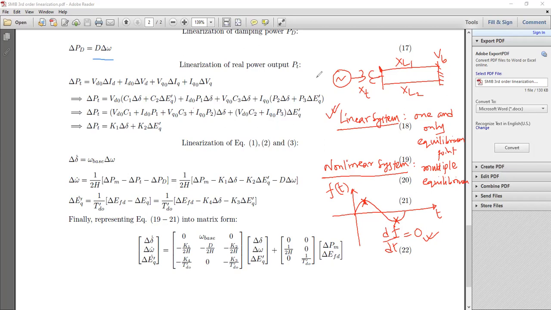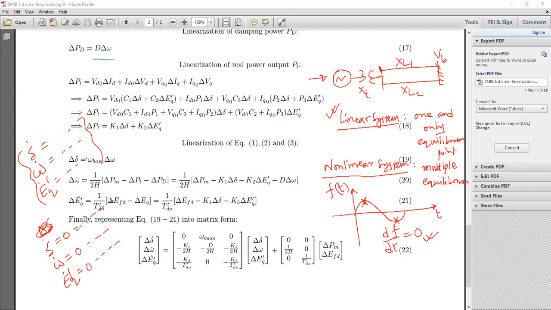For our case, the equilibrium point can be found simply by taking the nonlinear model, delta dot is something, omega dot equals something, Eq dash prime is something. Simply what we did was take everything on the left hand side equal to 0. So delta dot equals 0, omega dot equals 0, and Eq dash dot equals 0, equals whatever we had on the right hand side.